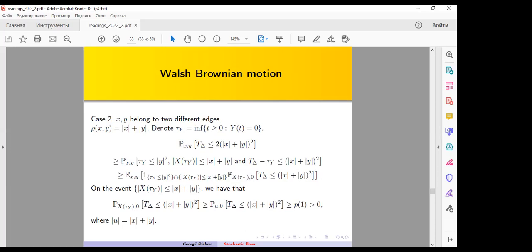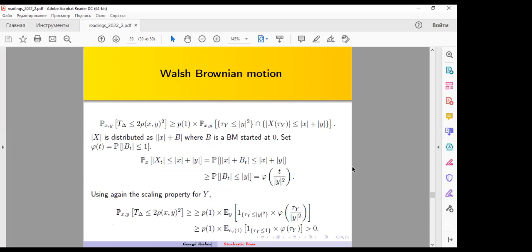So this probability is estimated, and to estimate the remaining part, we use this inequality and the scaling property for y. And here everything combines, and we get again the needed estimate.